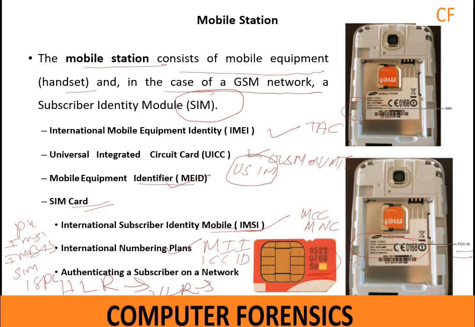The VLR also contains the temporary mobile subscriber identity. The temporary mobile subscriber identity (TMSI) is a randomly generated number that is assigned to the mobile station by the VLR when the handset is switched on and is based on the geographic location.